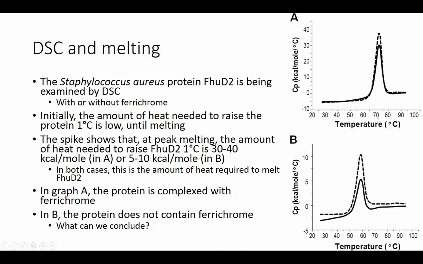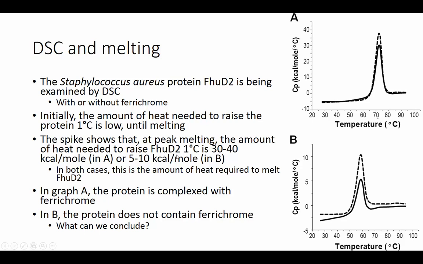So initially what the authors did was look at the amount of heat needed to raise the temperature of the protein by 1 degree C. And you can see that's pretty low in both cases until we get to the melting or complete denaturation of the protein. And you can see the spike in both graphs A and B here.